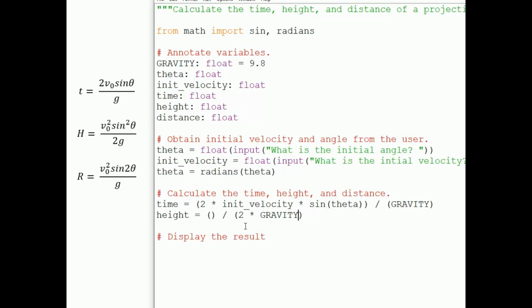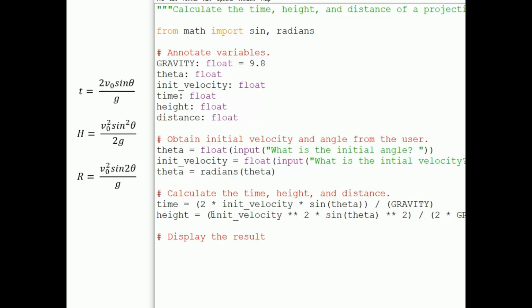The numerator is almost exactly like our prior numerator, except we are squaring both the initial velocity and sine theta. I will use the exponentiation operator to write init velocity raised to the second power times sine theta raised to the second power.